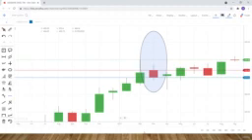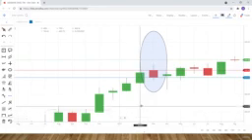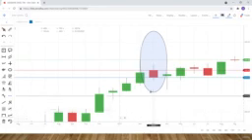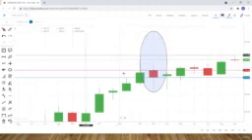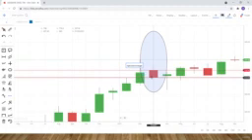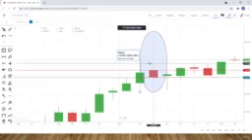Now this is a monthly candle, which means on the first day of the month, this stock opened at 738 rupees. You will see over here, it opened at 738. It went high up to 776.6. This is the high level.